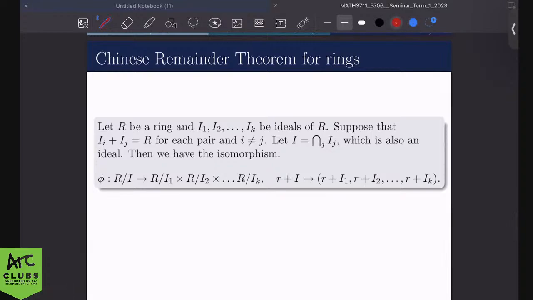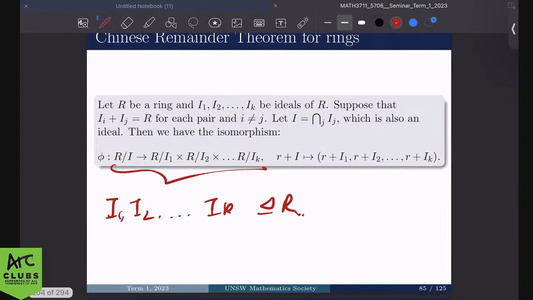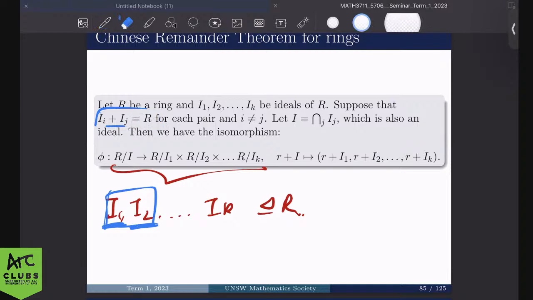So these two sets are isomorphic. If you've got I1, I2, and they're all ideals of this ring, and each pair sums up to create R, so I plus I sums up to create the entire ring for each pair.